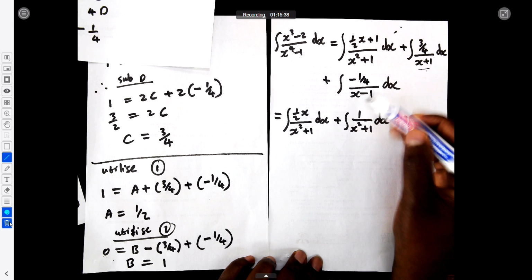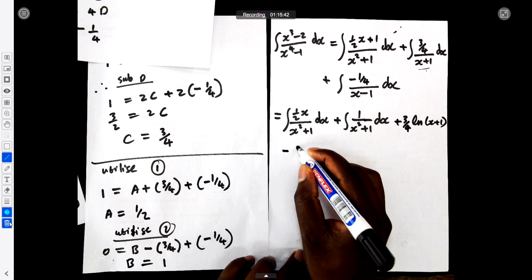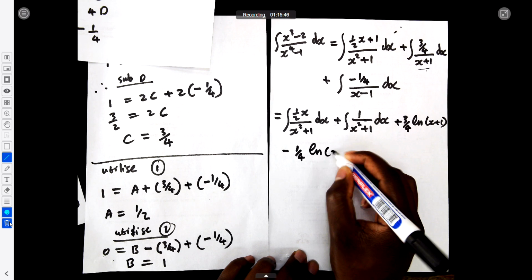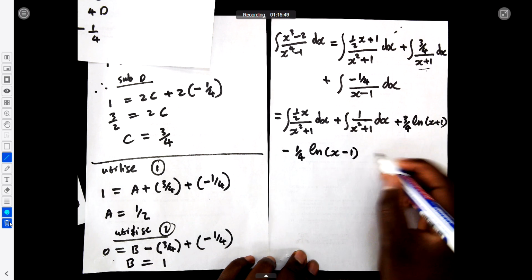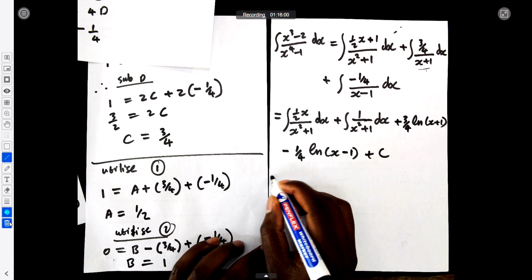So it's ln of the denominator. So we still have a minus 1 over 4 ln of the base x minus 1, and we can add the constant later, though we're not done integrating. The first term we have split into two fractions, so we move further.